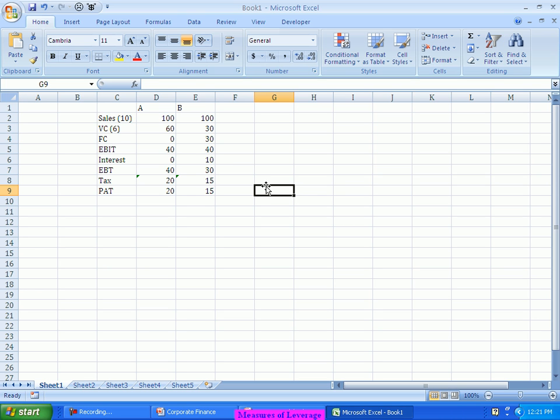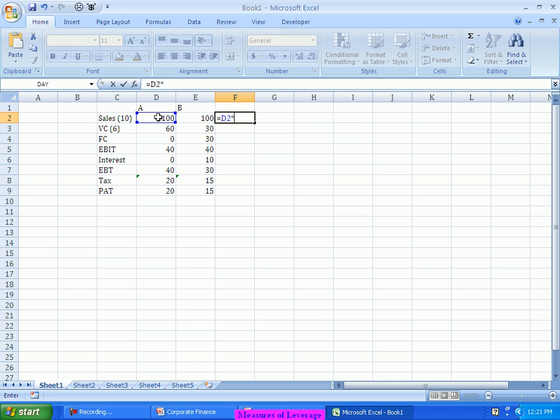Now let me say the sales is increased by 1 unit. For both the companies, they are increasing the sales by 1 unit and they are not disturbing anything else. So 11 units overall. So if it is 11 units, what will happen for both the companies?